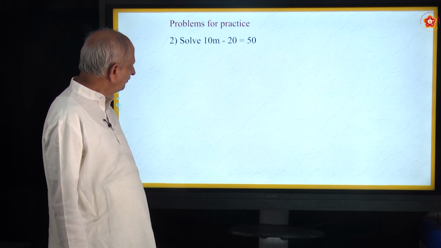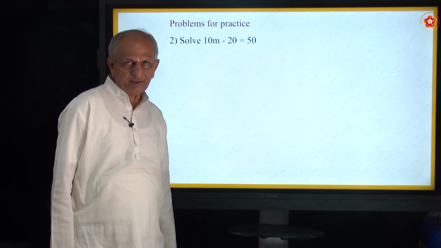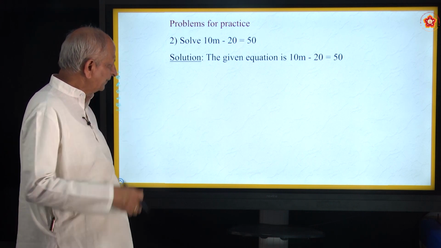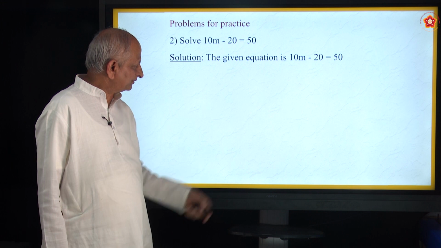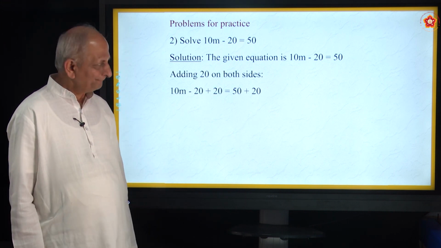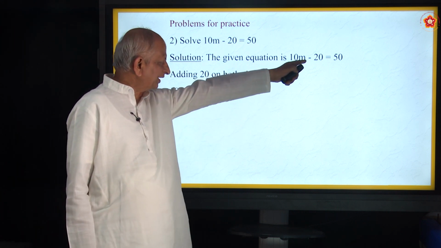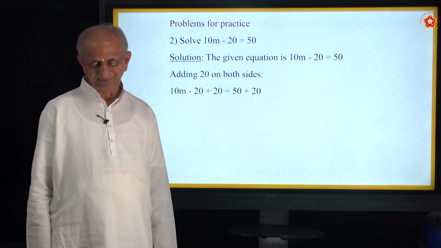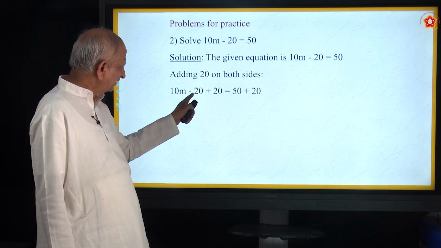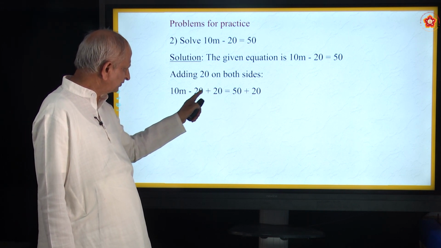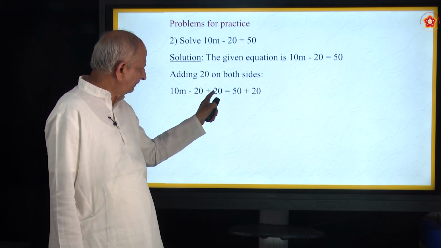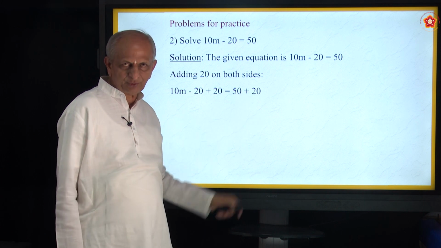Now, one more we will have. Solve 10m minus 20 equals 50. Here the given equation is, write down as it is. Here what is the variable? M. And what is the operation to the next number? Minus. So, what you must do? You have to add. Minus 20 is given, so plus 20. So, 10m minus 20 plus 20. If you do plus 20 here, do 20 here also.